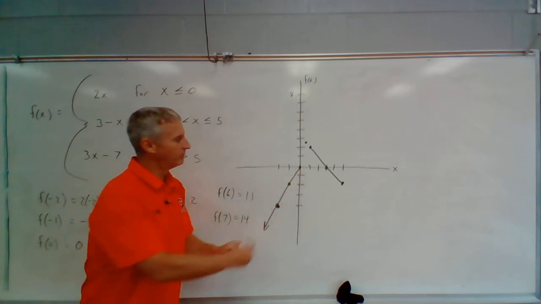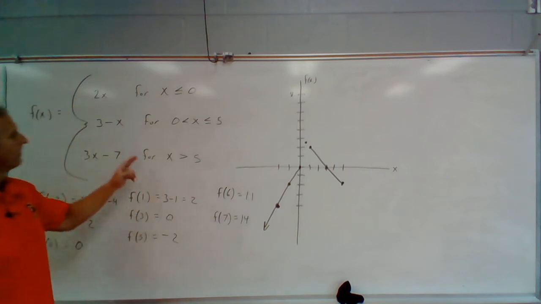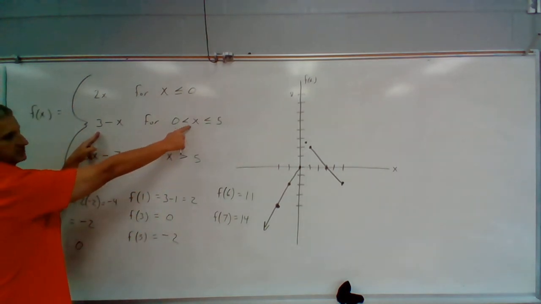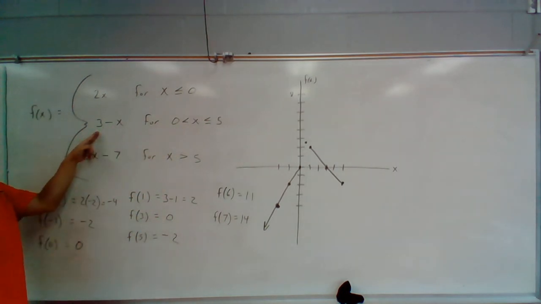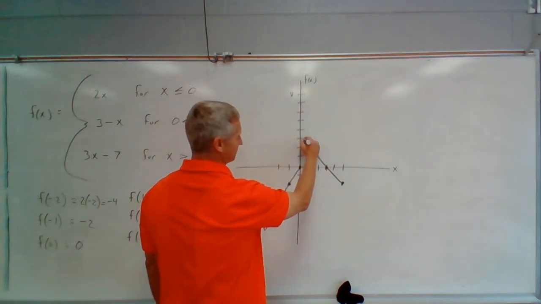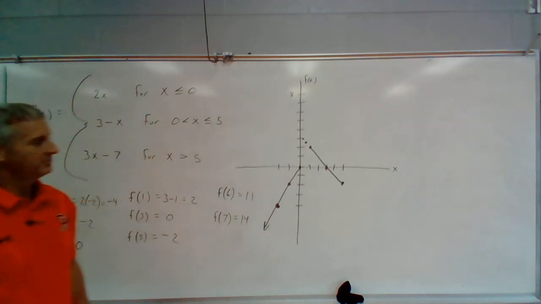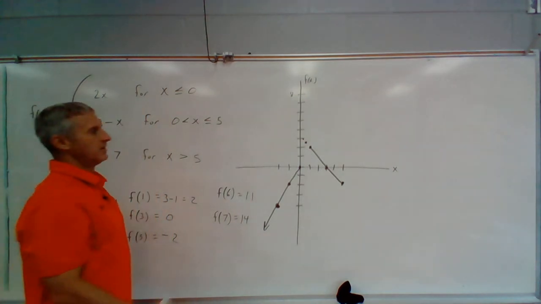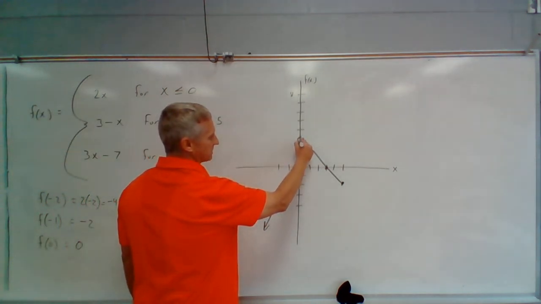If I put in 0.1 to this equation, 3 minus 0.1 would be 2.9. So it would be really, really close to 3, but not quite there. So we're going to use an open circle right there at 3.